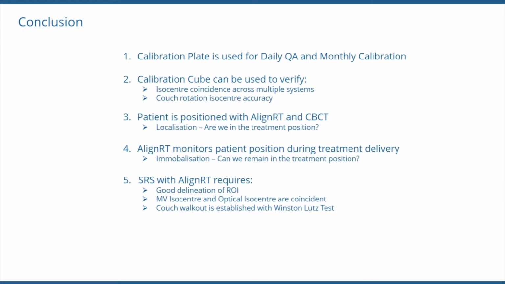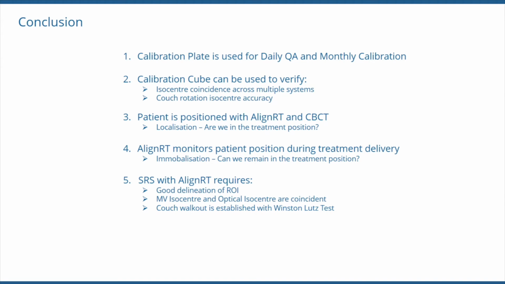To summarise, the calibration plate is used for daily QA and monthly calibration to assess and recalibrate the AlignRT isocenter. The calibration cube can be used to verify the isocenter coincidence across multiple systems. We can use the cube to verify the accuracy of the couch rotational isocenter, and we can also use the cube to recalibrate the AlignRT isocenter to ensure it is coincident with the MV isocenter.